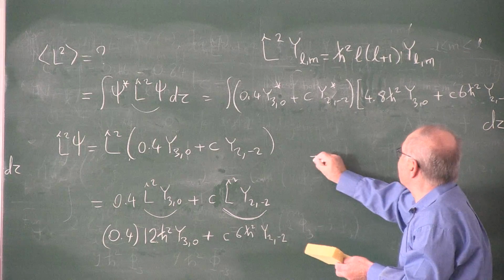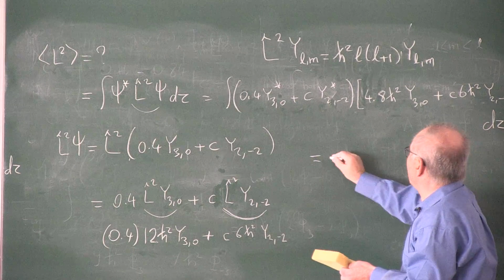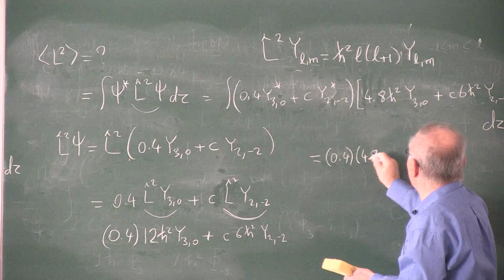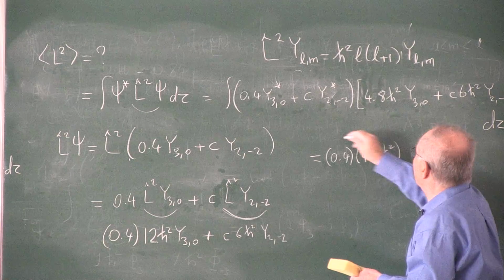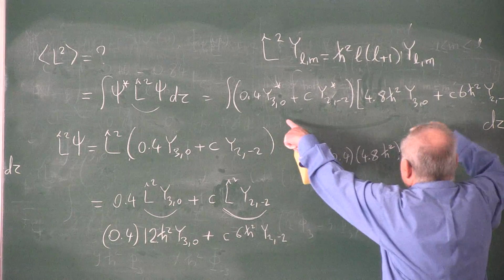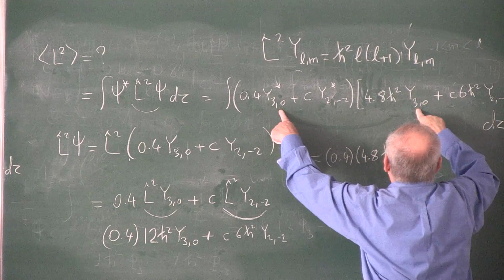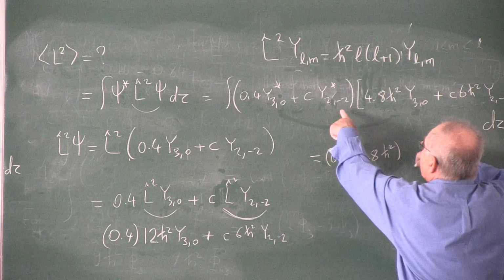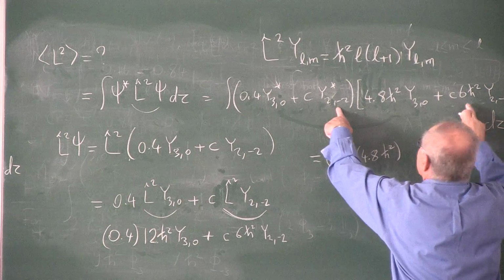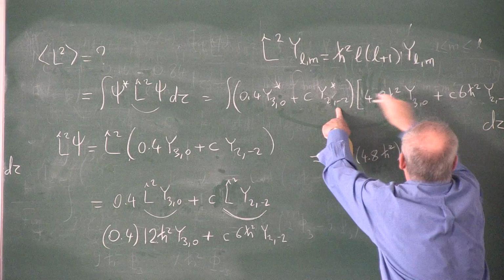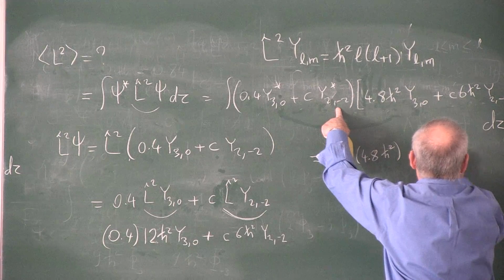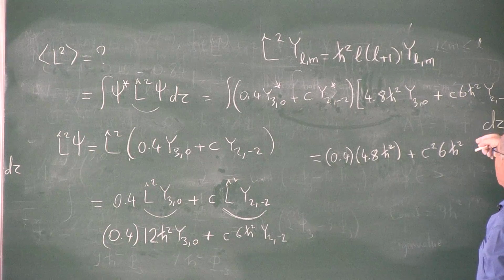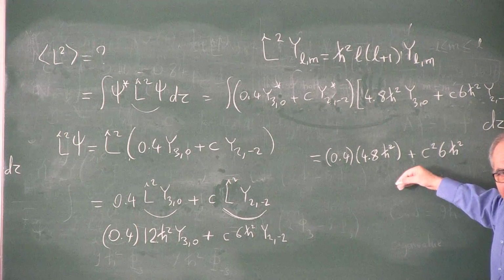So the final result is just the coefficients, 0.4 times 4.8 h bar square times the integral of this times this function. The value of that integral is 1. Then this times that, which is c times c square times 6 times h bar square times the integral, which is also equal to 1. So this is our final result.